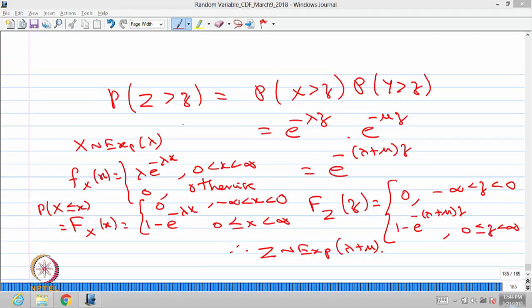This concept can be extended to n-dimensional random variables.